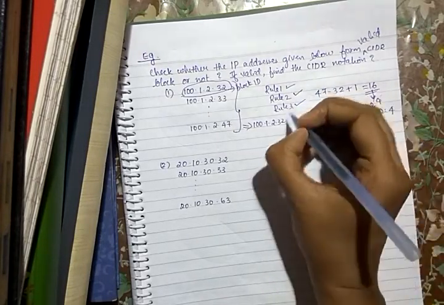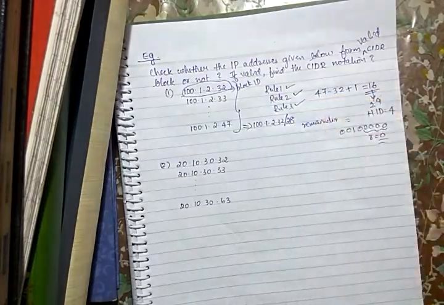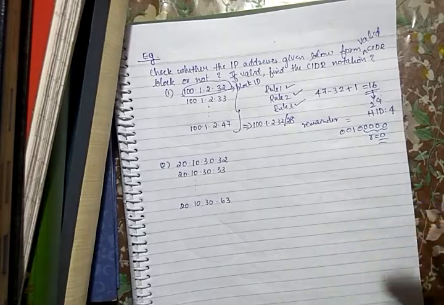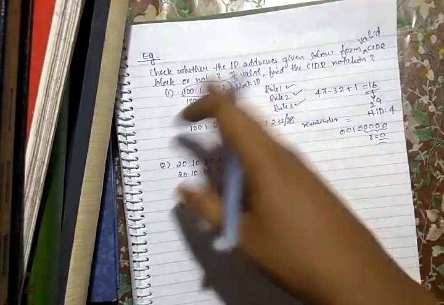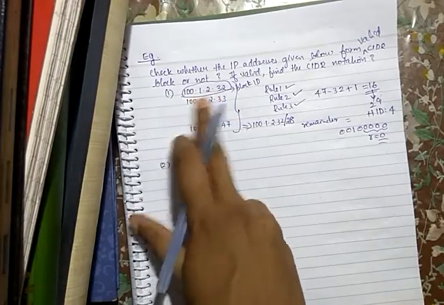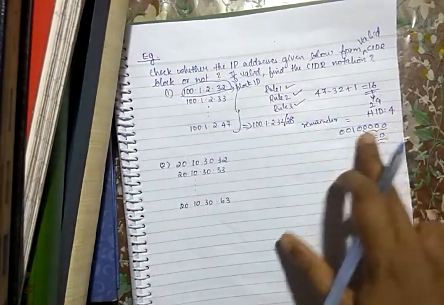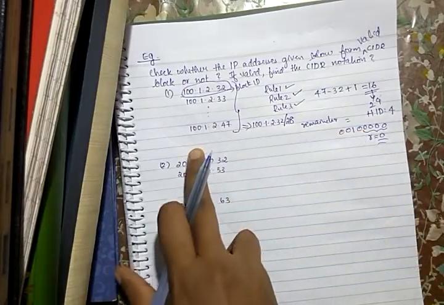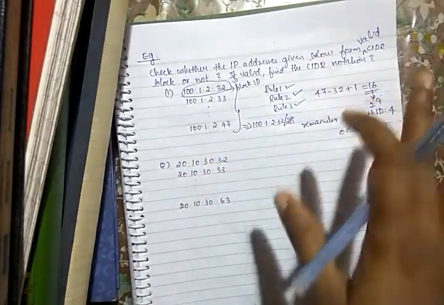The remaining 28 bits will be representing the network part, that is, these 28 bits are going to identify this block as a whole. Okay. That means if you are writing this in binary also, these 4 bits are 0, and all the remaining 28 bits together represent the block.